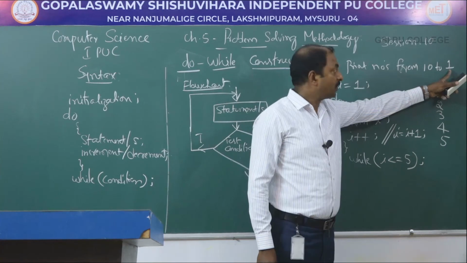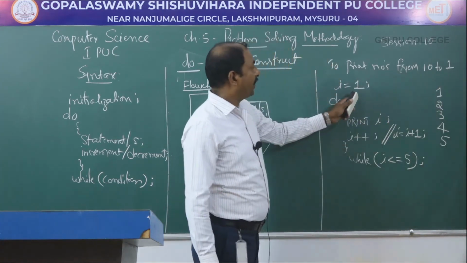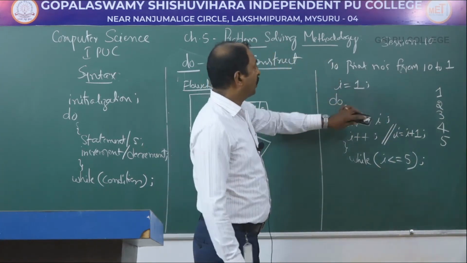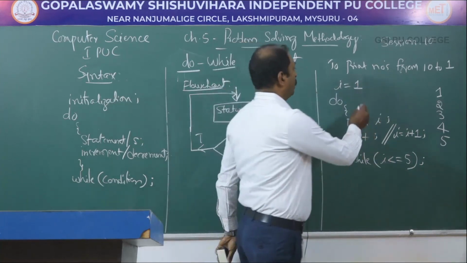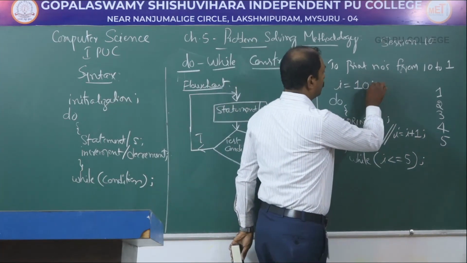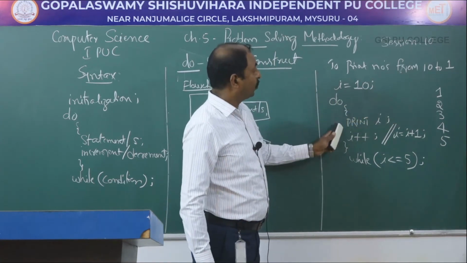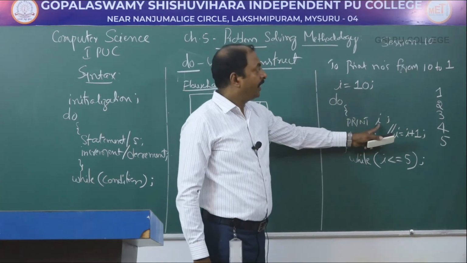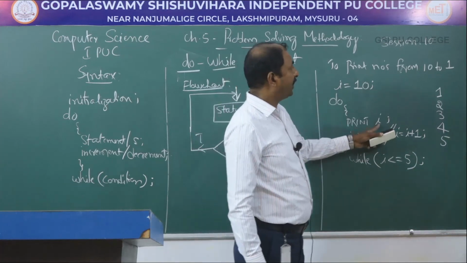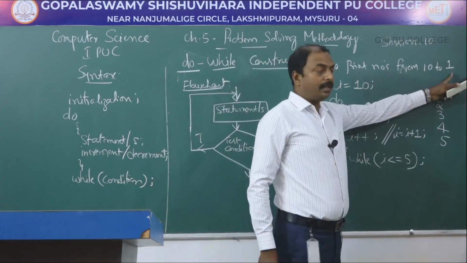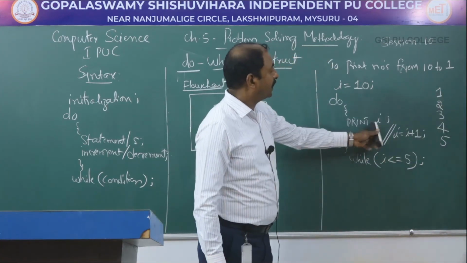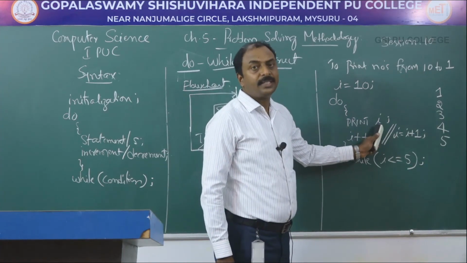Because of this, at the beginning, we have to change the construct. So I value, starting value is 10, I equals to 10, and it enters the loop, print I, and I want to print numbers from 10 to 1.